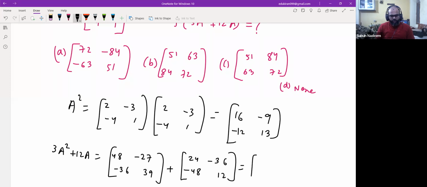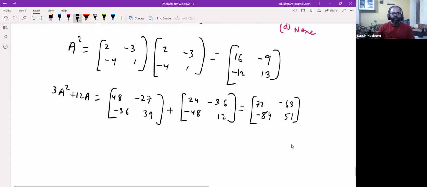Then you will add them, you will get 72, -63, then 48 plus 36 will be 84, it will be -84, and 39 plus 12 will be 51, right?